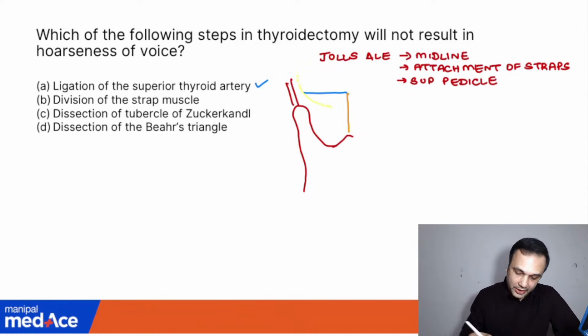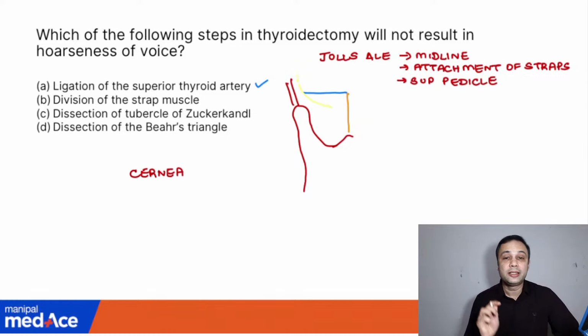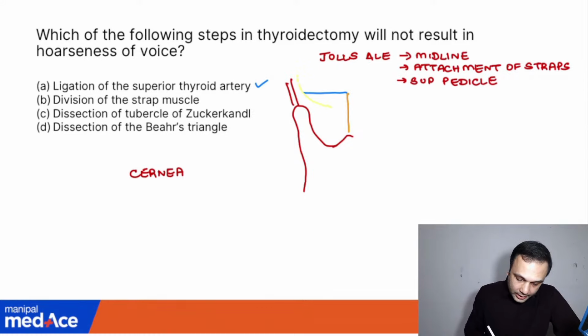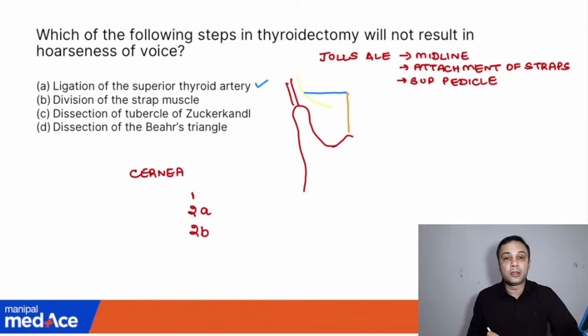We have a classification called the Cernea classification. This is the relation of the external branch of the superior laryngeal nerve with the superior thyroid artery. There are 3 important grades: type 1, type 2A and type 2B.